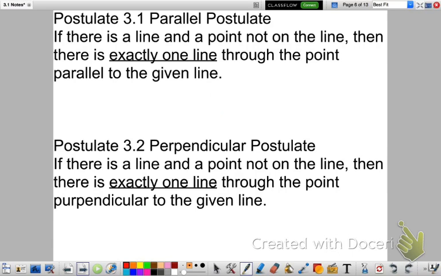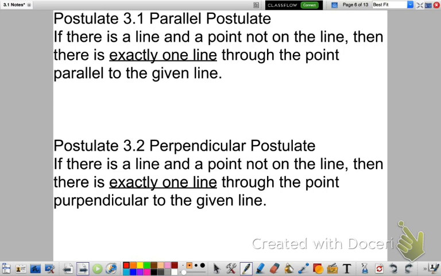The parallel postulate and the perpendicular postulate say exactly that. When we have a line and a point that is not on the line, then there is exactly one line through that point that will be parallel or perpendicular to the given line.